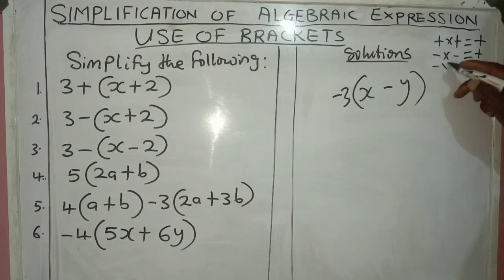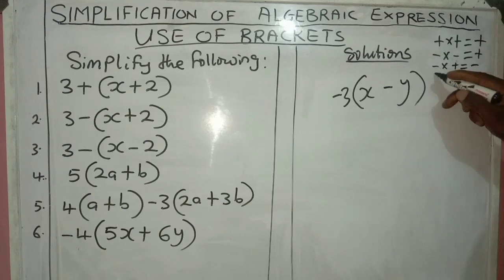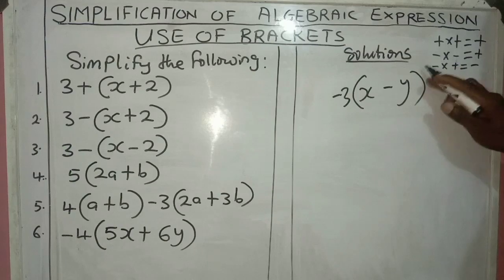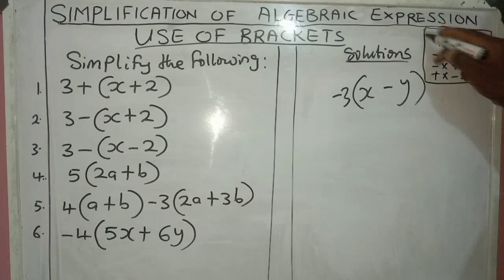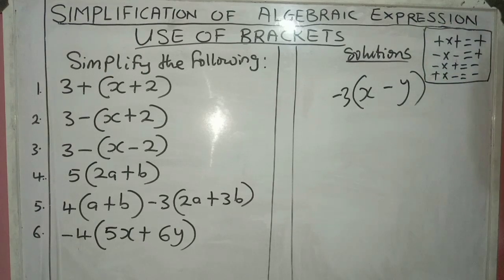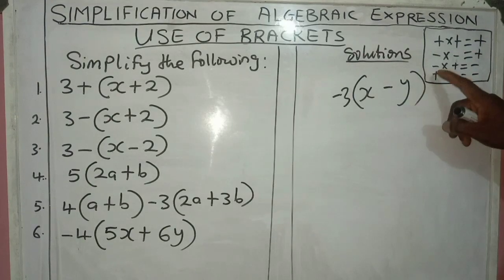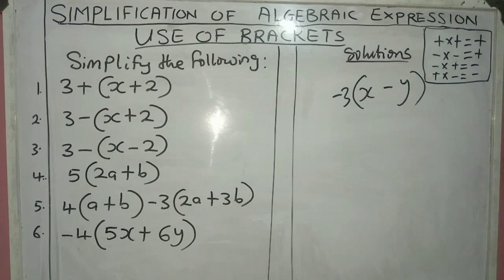But when it is minus multiplied by plus, it will give us minus. Then plus multiplied by minus will still provide us with minus. So this particular information is very, very important in opening of brackets, so you need to have it offhand. All right, so let's get started.